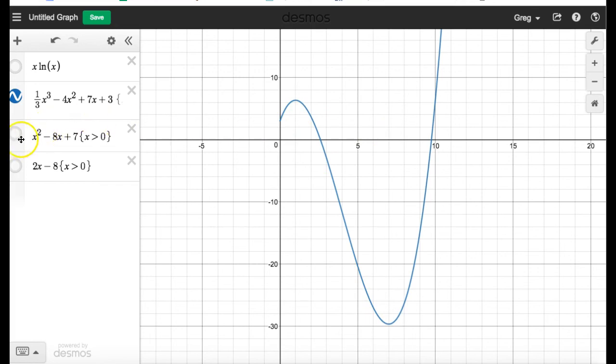If we take a look, I can turn on my derivative. This was what we found the derivative to be, x squared minus 8x plus 7. At 1, my derivative crosses the x-axis, and at 7, my derivative crosses the x-axis. That's what we solved for. We solved for where the derivative equaled 0. So that told me here on the position graph, the derivative was equal to 0.